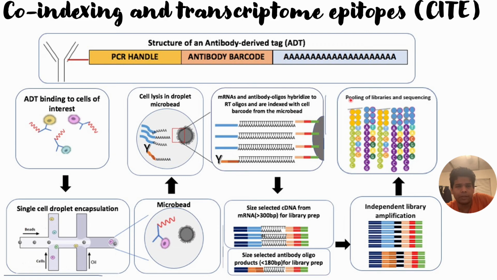So this technique is much more accurate than the previous technique, which focuses on analyzing a pool of cells, whereas this technique focuses on analyzing the changes within the single cells.